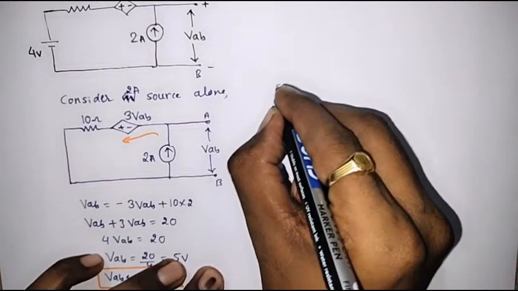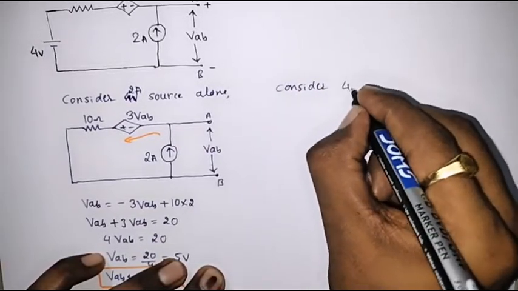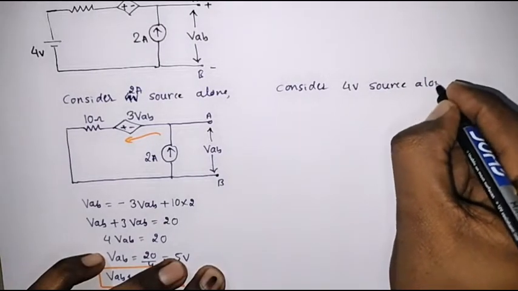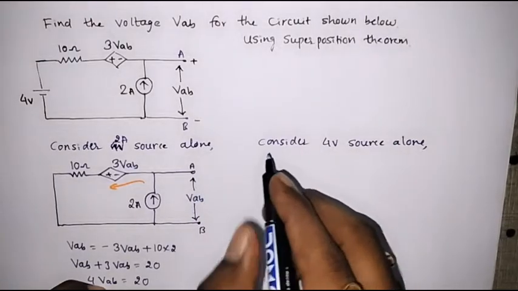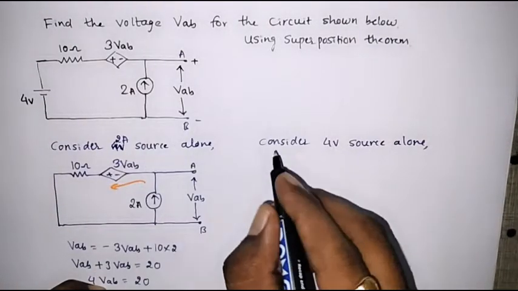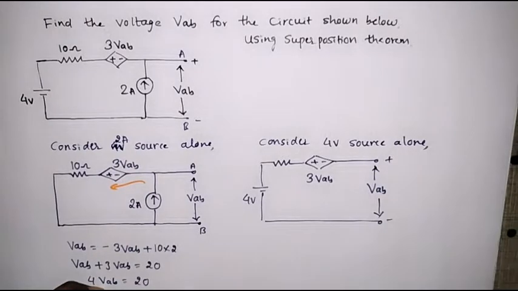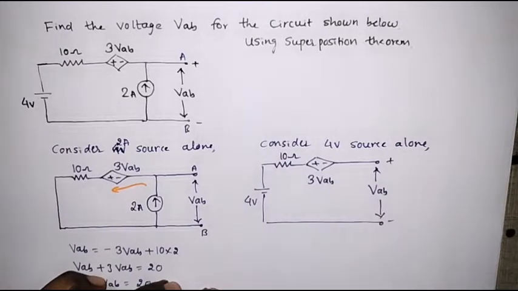Now consider the 4 volt source alone. So I'll draw the equivalent circuit by opening this 2 amp current. Terminal is VAB. This is 10 ohm.